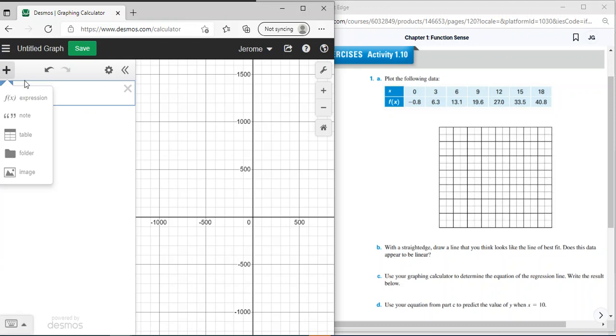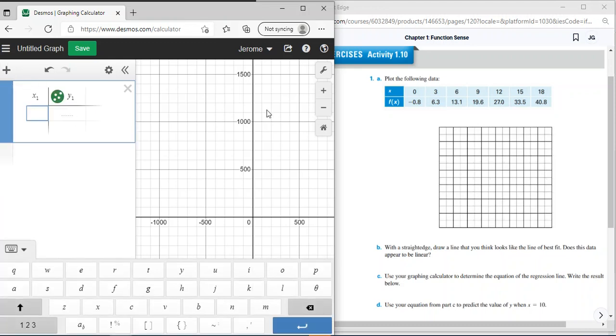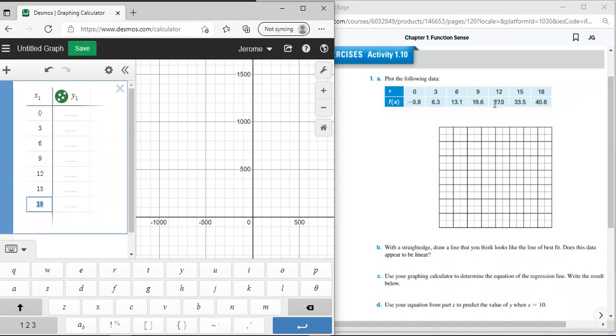I will add a table, and then I would type in the x values. We add 0, 3, 6, and then it'll start populating, and then we'll go to 18. Then 0 is a negative 0.8.